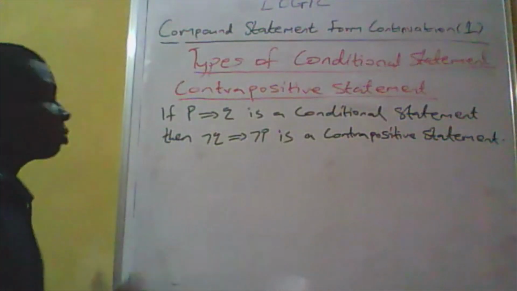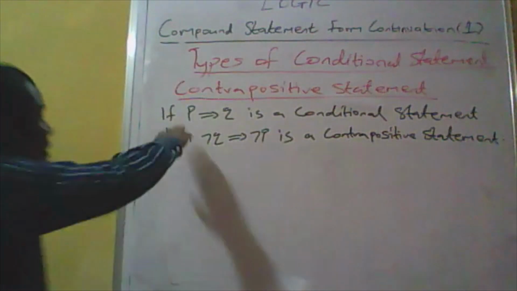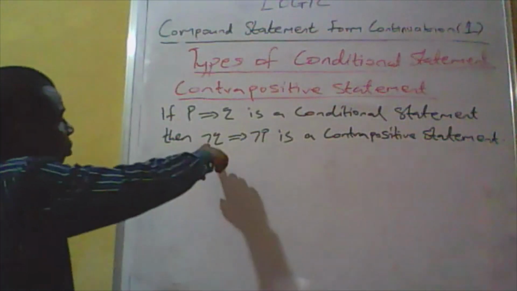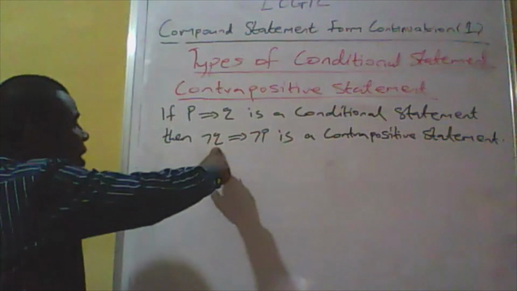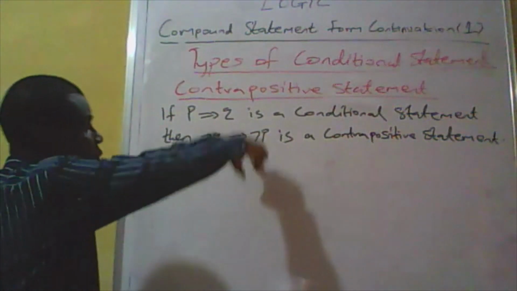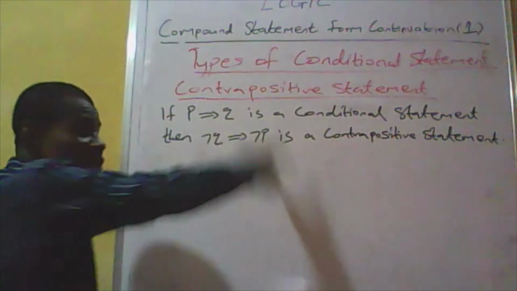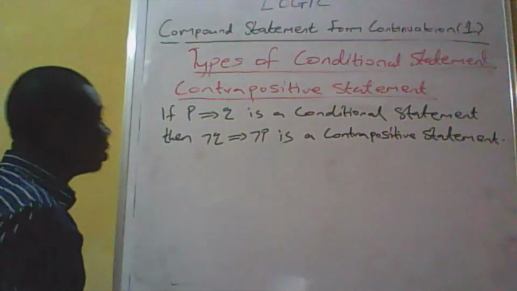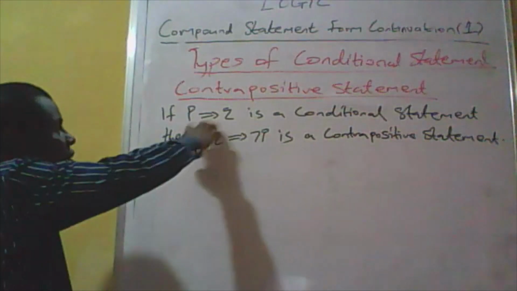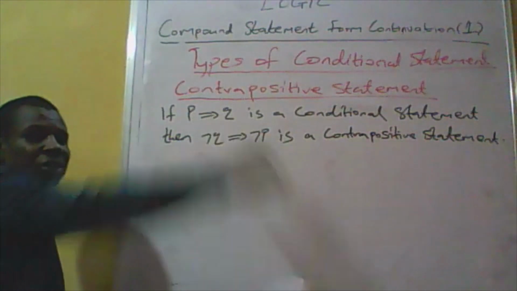That is our conditional statement. When we have not Q as our antecedent and not P as our consequent, it is a contrapositive statement in relation to this conditional statement.